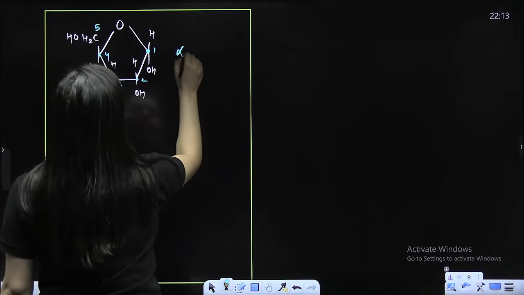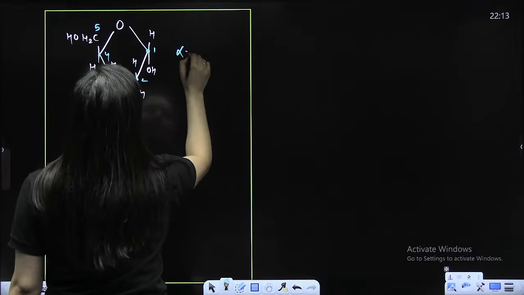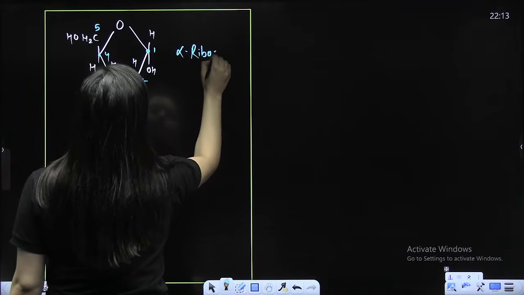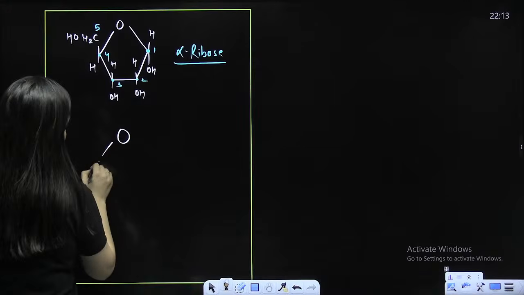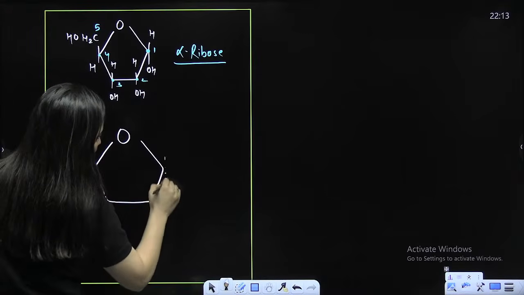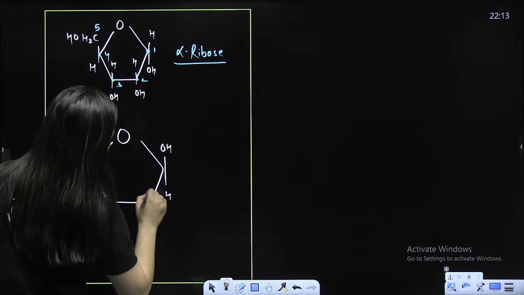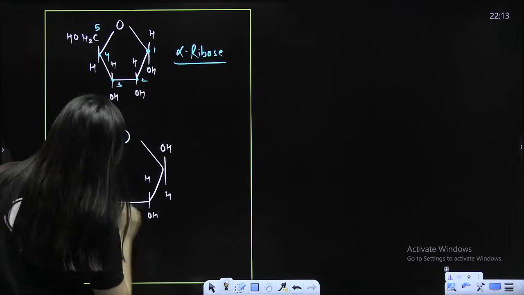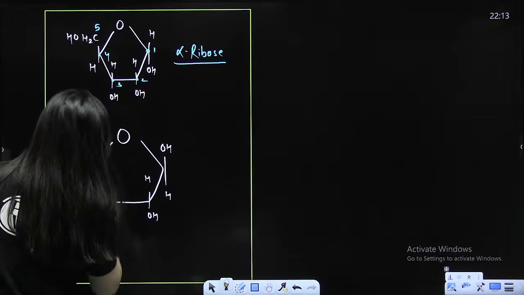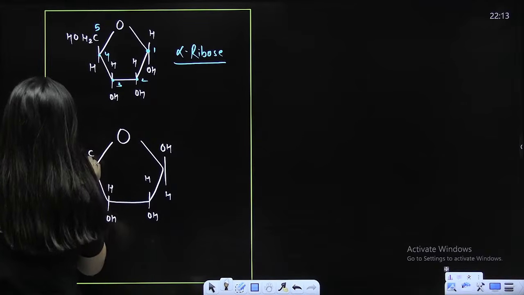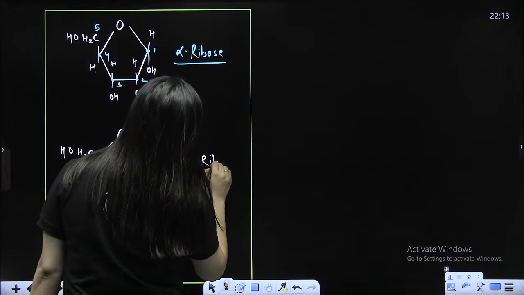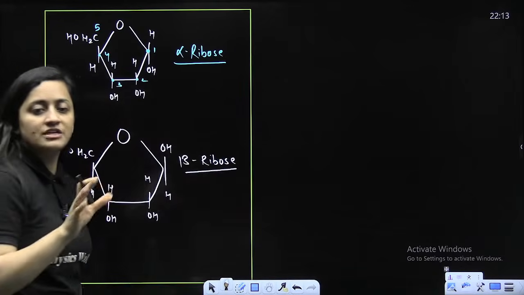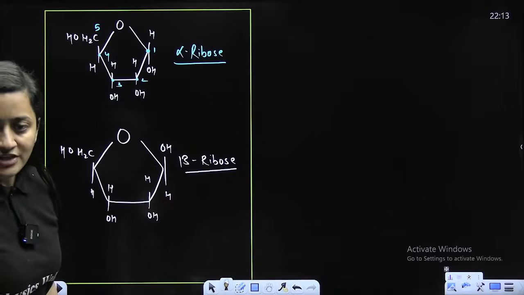So it is alpha ribose. In the case of beta, in your NCERT biomolecules, they have mainly given this beta part. I'll show you the diagram now. This is going to be your beta ribose. Ribose is a pentose, C5H10O5.